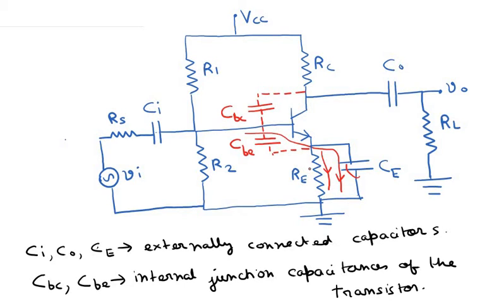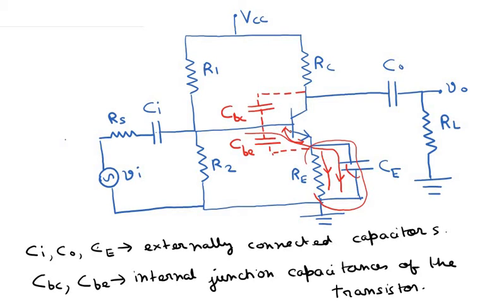So a part of the AC input voltage would drop across this parallel combination, which means that the fraction of the input voltage that drops across this base to emitter junction is reduced.